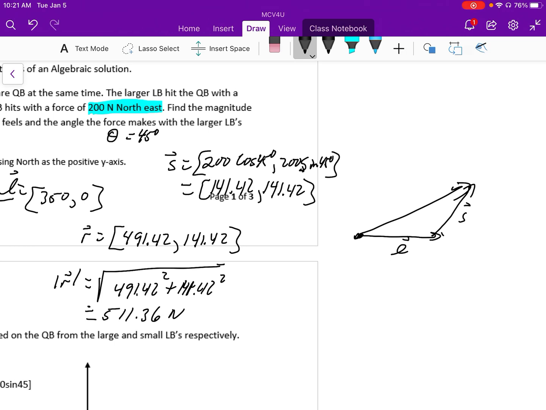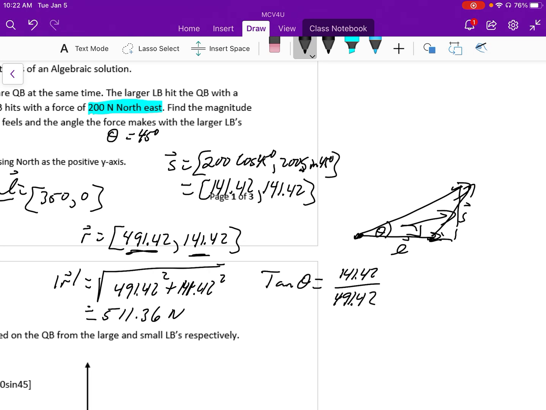What about the angle here? Well, we know that we're talking about the angle with the horizontal. It was set up that way. We know we've got the x and the y, opposite and adjacent, so we use tan. Tan of theta equals the opposite, 141.42, divided by the adjacent, 491.42.